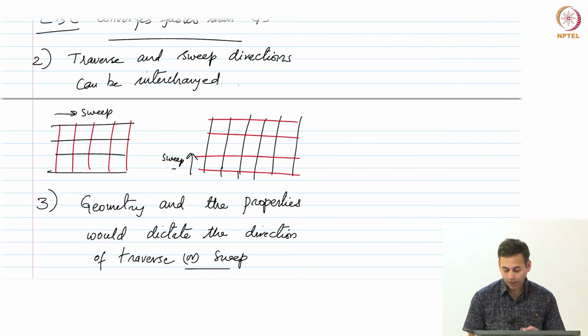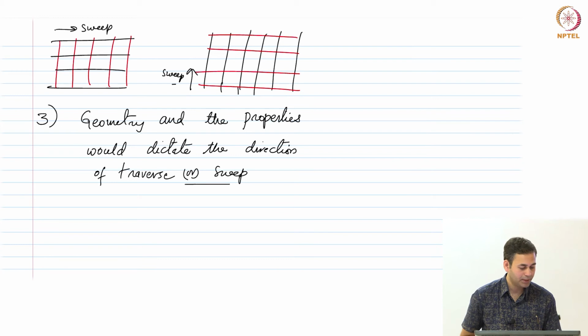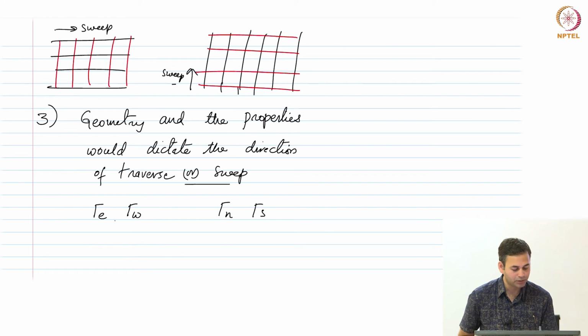Essentially, for example, let us consider you have gamma east, gamma west, and gamma north and gamma south. Let us say the east and west diffusion coefficients are much larger than the north and south.